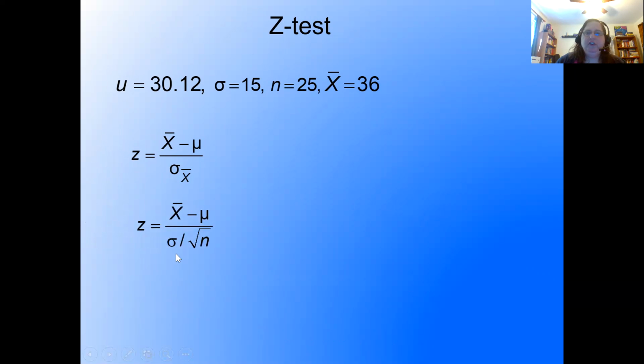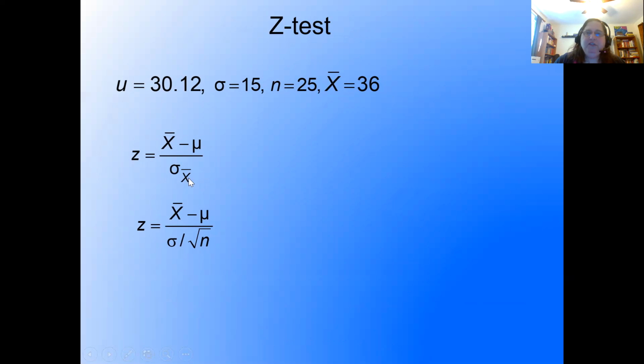Here, sigma over the square root of n. So this, sigma x bar equals sigma over the square root of n. And I really want to emphasize that. These two formulas are exactly the same. You can use either one depending on what information you have.